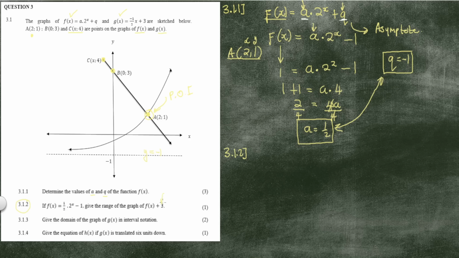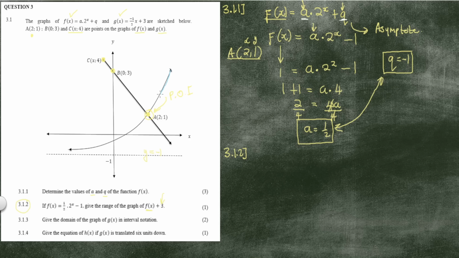The plus 3 added to the f of x function simply means that the function has been moved upwards by 3 units. It also means that the range has also shifted up by 3 units.